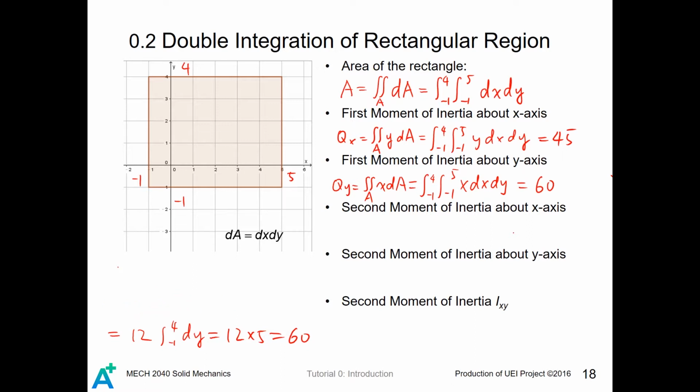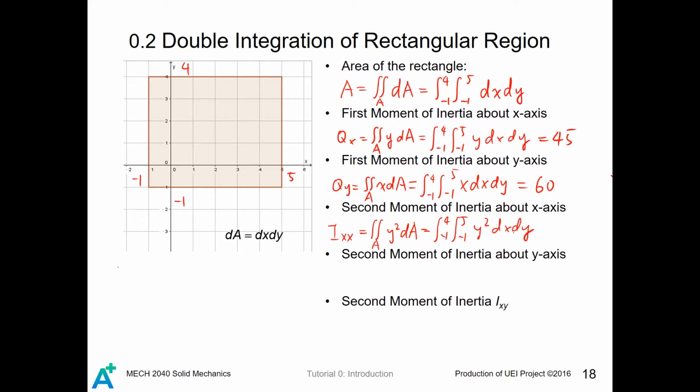Let's accelerate a little bit, because all the things we are doing currently is just doing the double integral again and again. For Ixx equals the double integral over the entire area of y squared dA, which equals the integral from -1 to 4, integral from -1 to 5, of y squared dx dy.